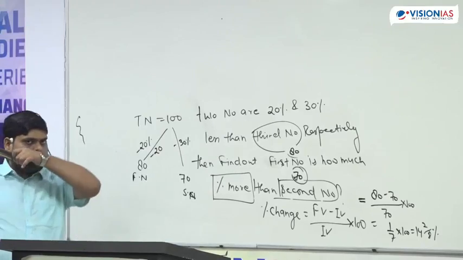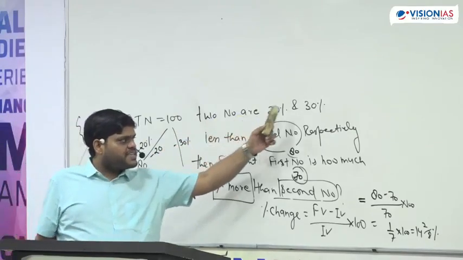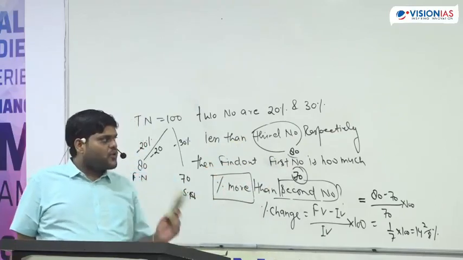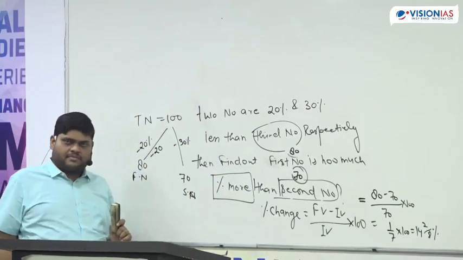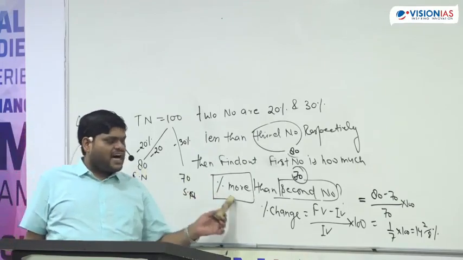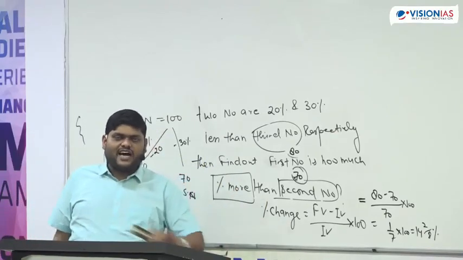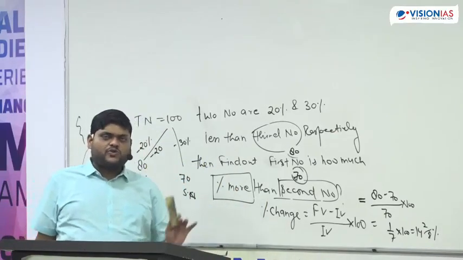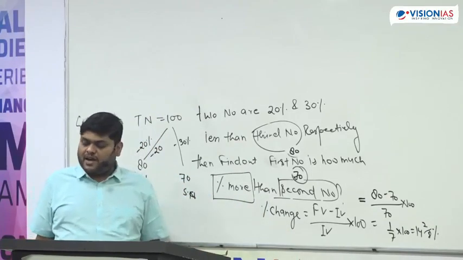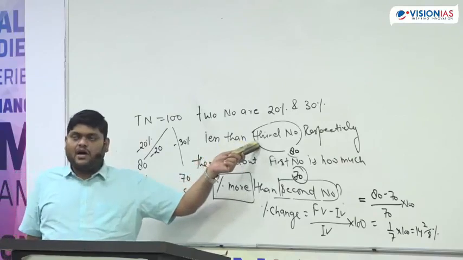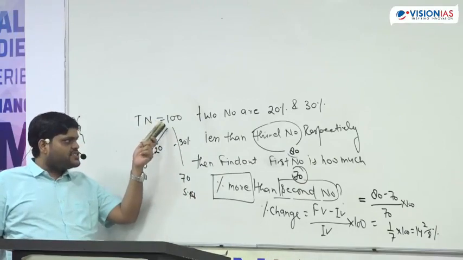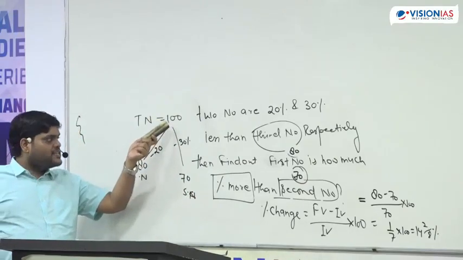What was the question? Two numbers are 20% and 30% less than a third number. I told you, when everything is given in percentage and the final answer is also asked in percentage, without any hesitation you can assume your quantity is equal to 100 instead of X. Generally we would assume the third number is X, but instead assume it is 100.